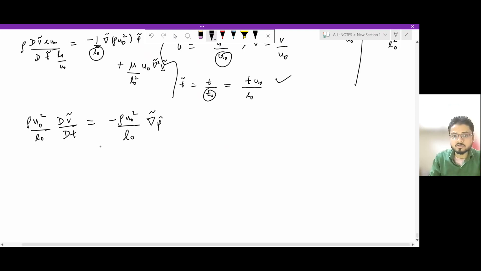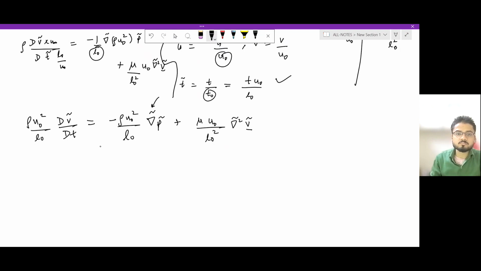So these are not vectors, just be mindful that these tildes are simple representations and have nothing to do with vectors. And here you've got L naught squared times the Laplacian of the vector. So this is how the non-dimensionalized form of your entire equation looks.